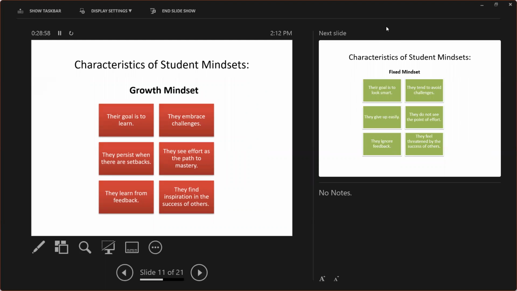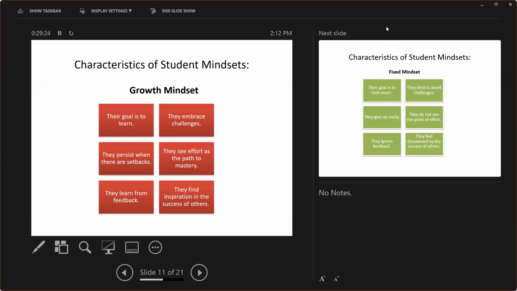And when you think about students that have a growth mindset, some of the characteristics of that growth mindset is that their goal is to learn. And we all know that part of learning is that there are going to be challenges. There are going to be concepts that we really struggle with.